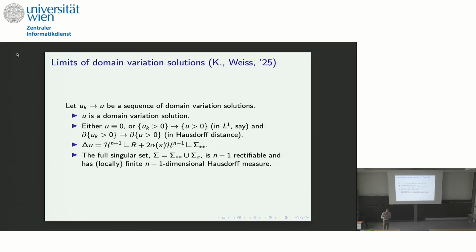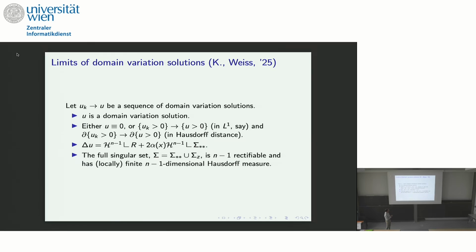So in the original part, you also can't have it. So in a classical solution, if I have a sequence of classical solutions, then the only part that you would see is this. You would see this part if you have something which locally looks like an absolute value. I'm telling you that for every domain variation solution, you have this classification for the Laplacian. Right? So you never have this part supported on the singular set.